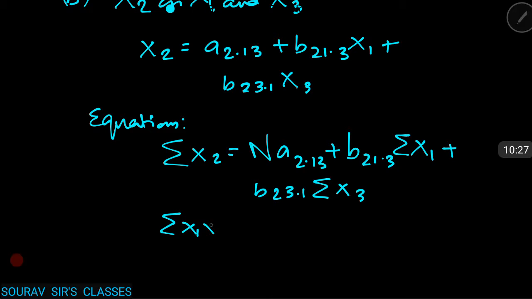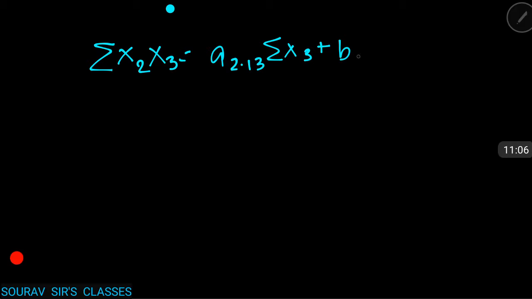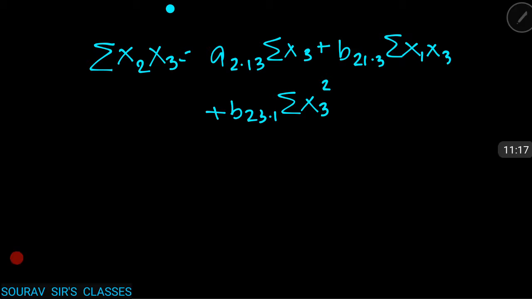Then summation x1 x2 is equal to a 2.13 summation x1 plus b 21.3 summation x1 square plus b 23.1 summation x1 x3, and summation x2 x3 is equal to a 2.13 summation x3 plus b 21.3 summation x1 x3 plus b 23.1 summation x3 square.